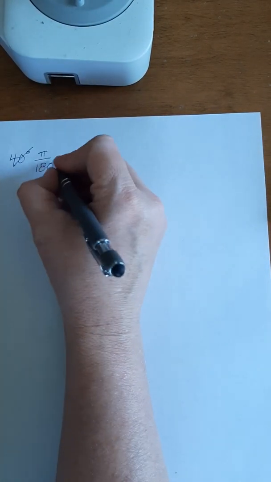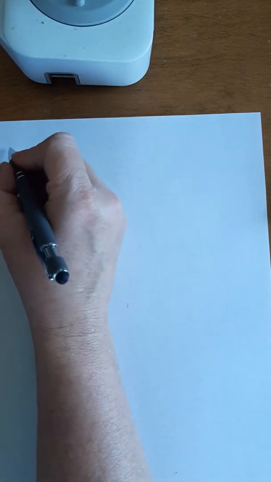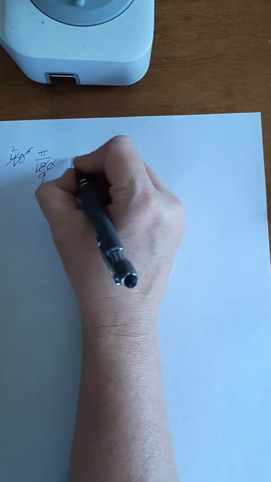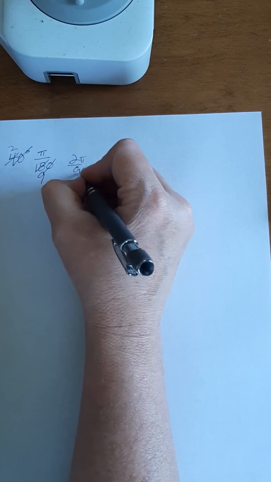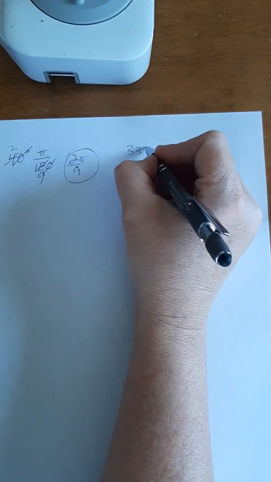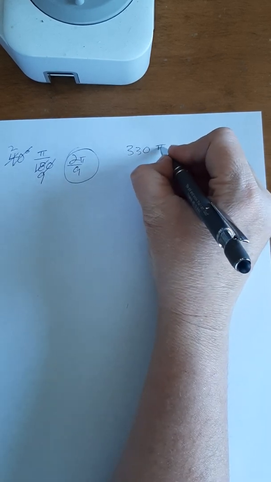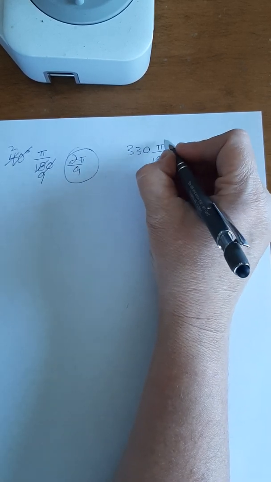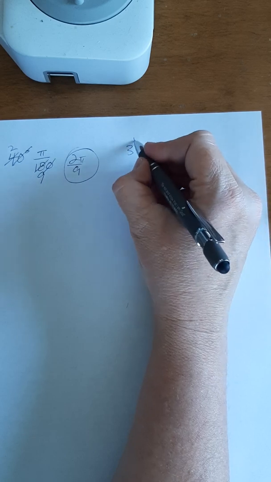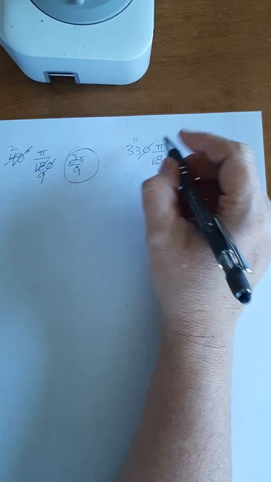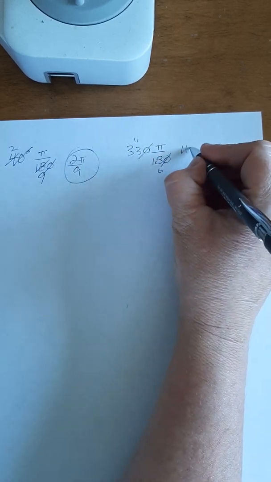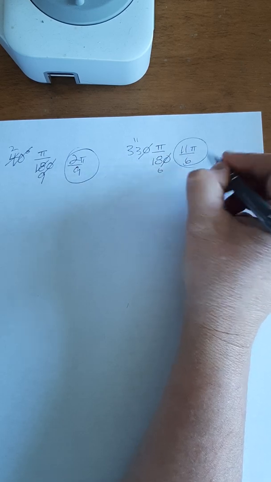And remember, pi over 180 is just a unit multiplier. So 20s would cancel, 2 goes in there, so 2 pi over 9. Or if I had something like 330, you could multiply by pi over 180, and then 30 goes in there. So 11 pi over 6.